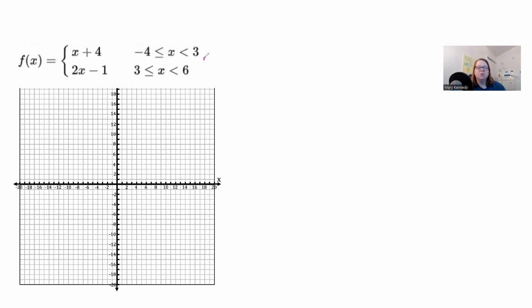So let's take a look. We're going to start with the first part and see how this works. So at -4, let's say that our x value is -4. So let's replace x in x plus 4 with -4. Meaning if we have -4 for x, then what do we get for y? -4 plus 4 is 0.